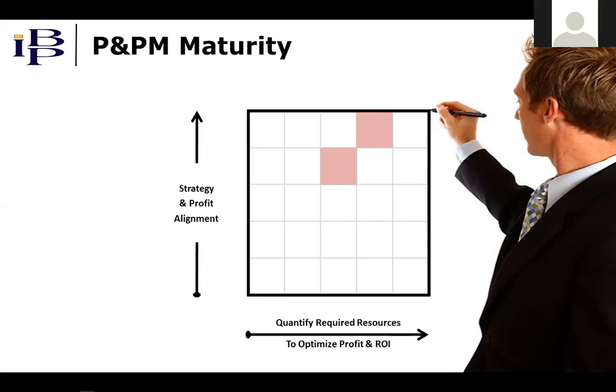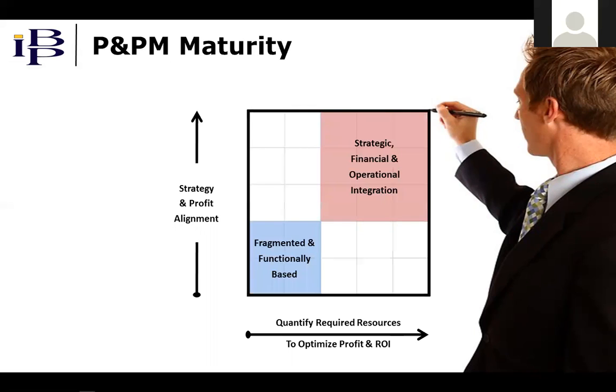So the 2 boxes shown on the screen just represent the fact that your desired level of maturity may be different than what I've described here, but this is just for description purposes. I've taken this maturity model and broken it down into 2 chunks.